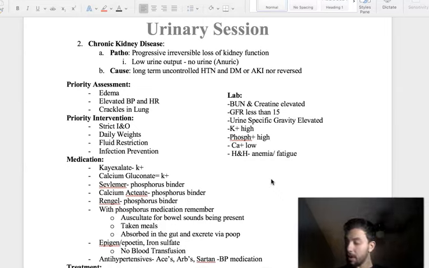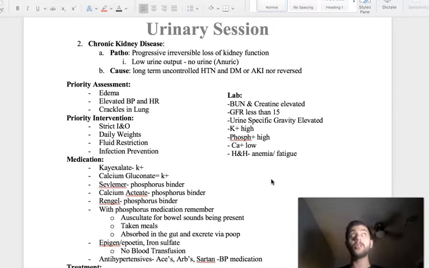Chronic kidney disease. Chronic kidney disease, basically, it's a progressive, irreversible loss of kidney function. We can't fix it. Priority assessment is going to be edema, elevated BP and HR, and crackles in the lungs. Priority intervention is going to be strict I's and O's, daily weights, fluid restrictions, infection prevention.